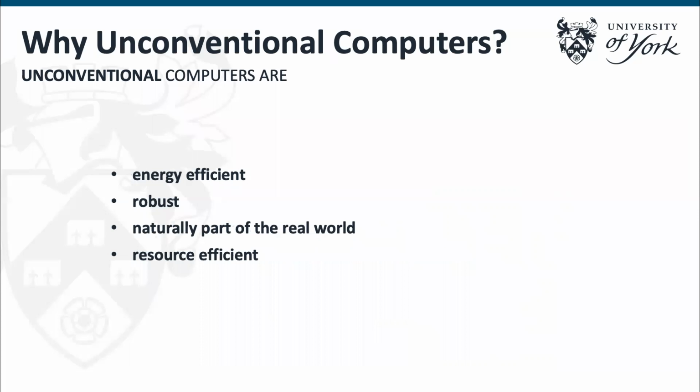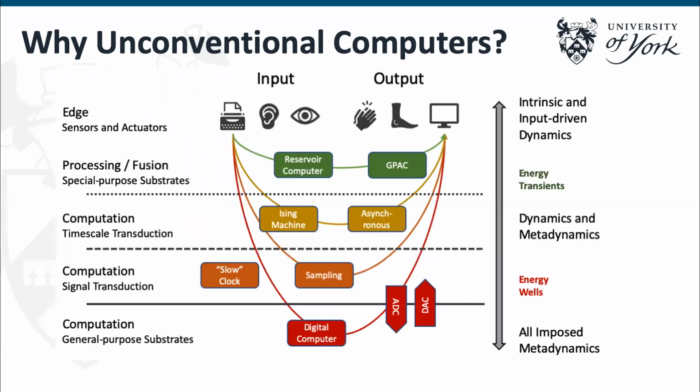Unconventional computers, in contrast, are energy efficient, robust, so the opposite essentially. They're naturally part of the world, and they are therefore resource efficient as well. So if you picture unconventional computers and classical conventional computers, I would draw this picture.